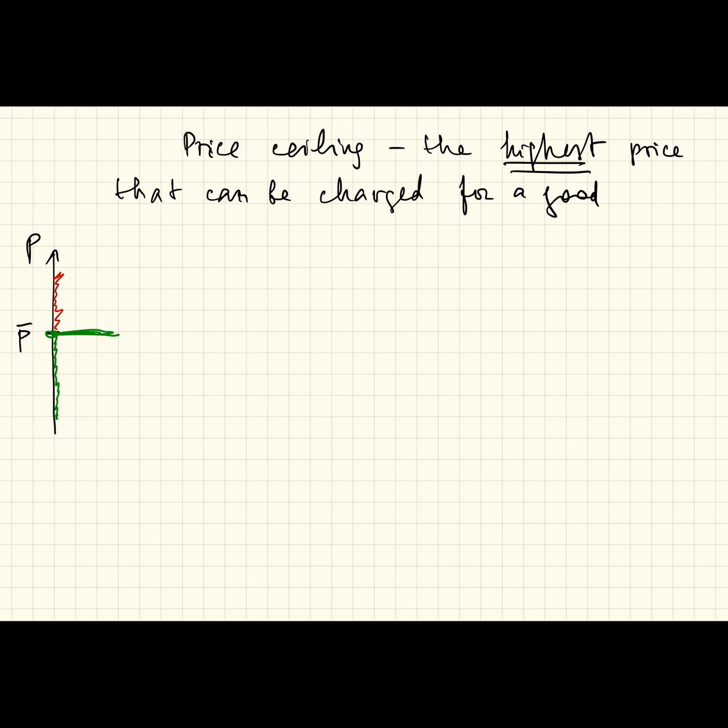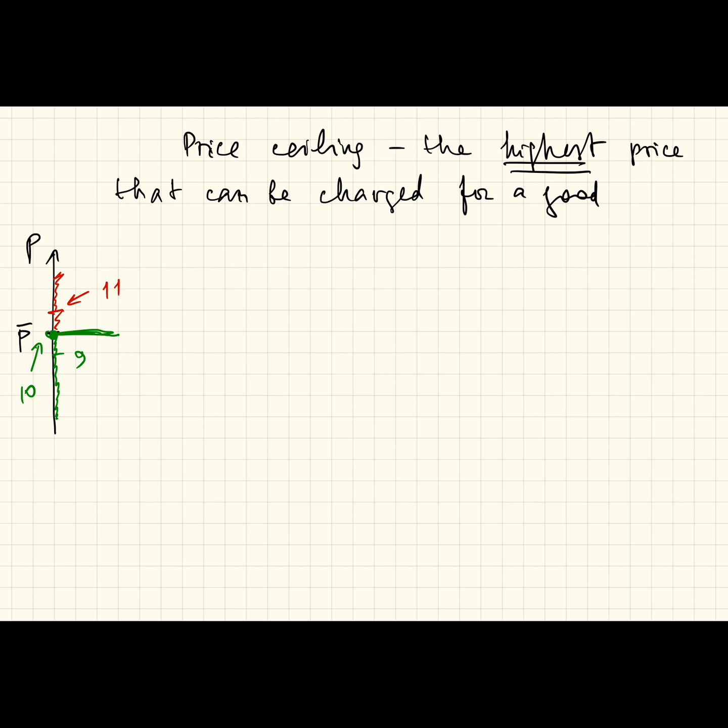So if this is like $10 per unit, then charging 11 will put you in trouble. So $11 is not good. $9 is fine. 8 as well. So anything up to $10 will be fine.